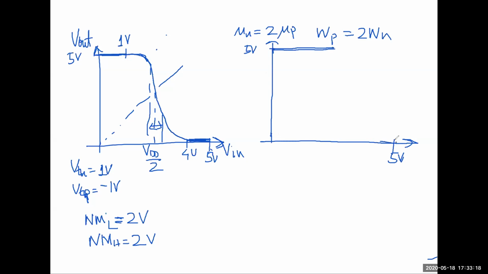And then this one stays off till 2 volt. So this is your dead zone. And then what is this? This is a hysteresis, I guess.